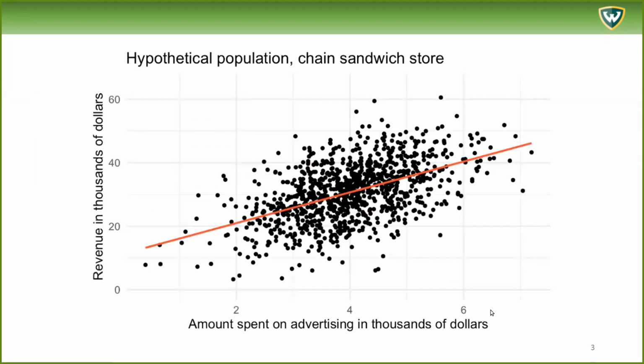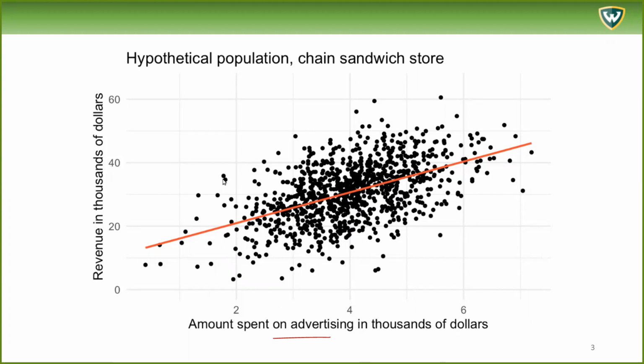So let's begin with the example here from the textbook regarding a hypothetical population of chain sandwich stores. So this is the full population of all the chain sandwich stores of concern. So we have the amount spent on advertising in thousands of dollars on the x-axis, and then the revenue in thousands of dollars.